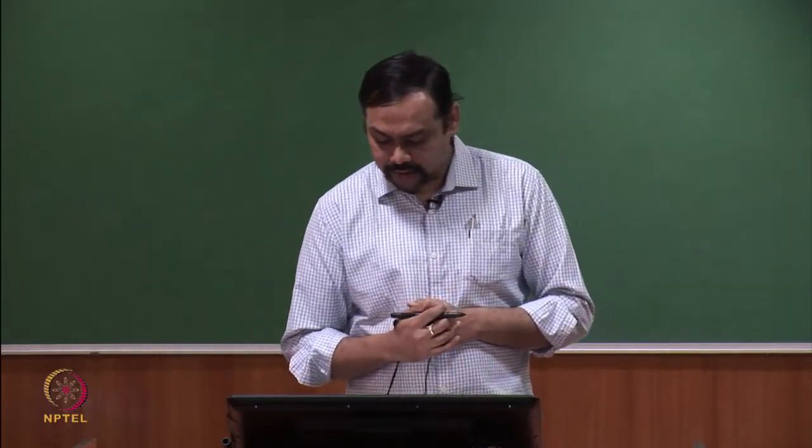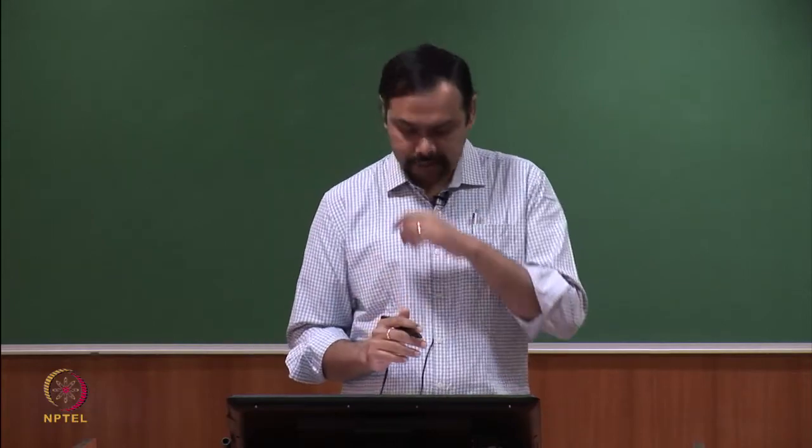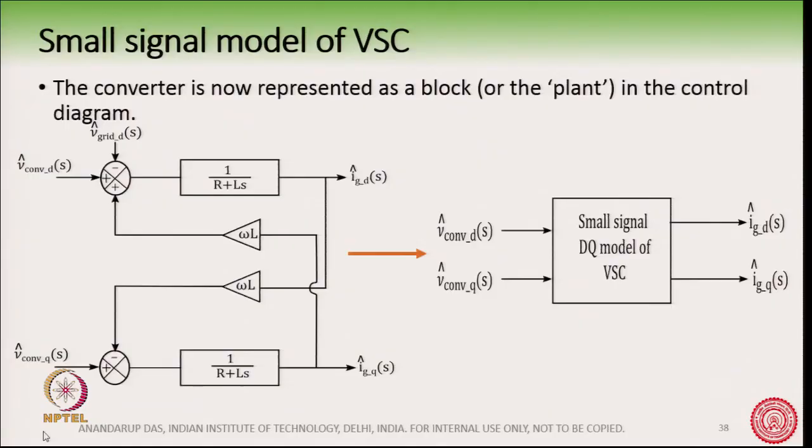And so, then we can write this as a block diagram here. Okay. This is the small signal DQ model of the VSC, which has inside this whole blocks here. This is the small signal DQ model of the VSC.